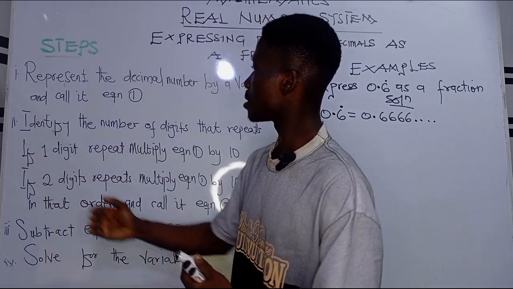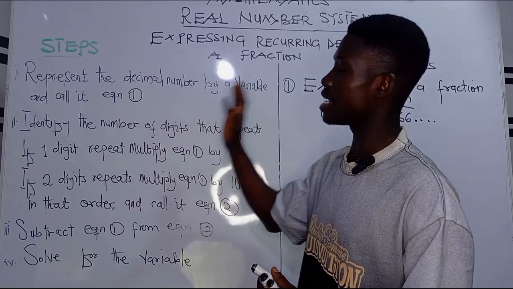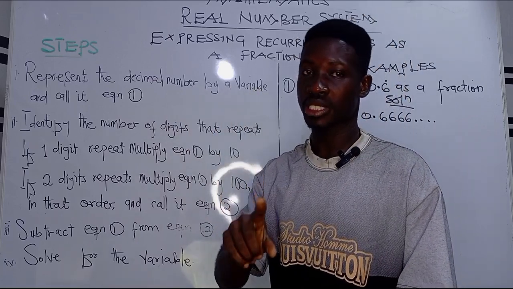The first step says to represent the decimal number by any variable and call it equation 1.